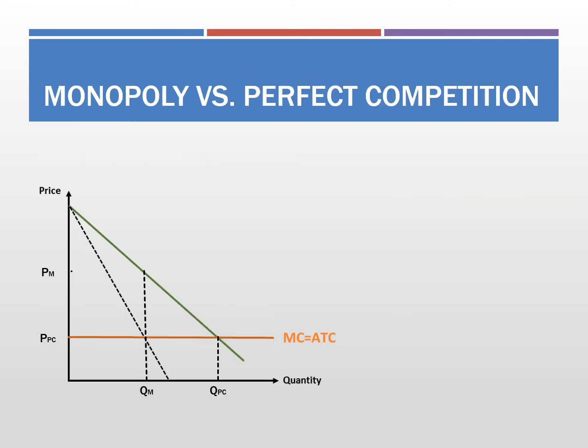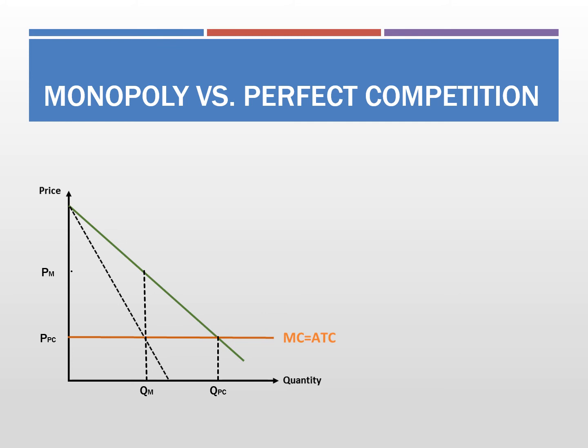If we want to compare the efficiency between the monopoly firm and the perfectly competitive firm, you can actually use a very simple visual plot to demonstrate. So first of all, we are plotting out the perfect competition's surplus for the consumers and the producers.